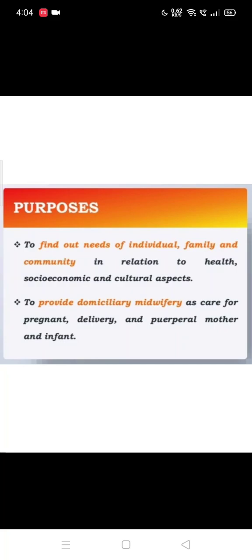The first one is to find out the needs of the individual, family and community in relation to health, socio-economic and cultural aspects.